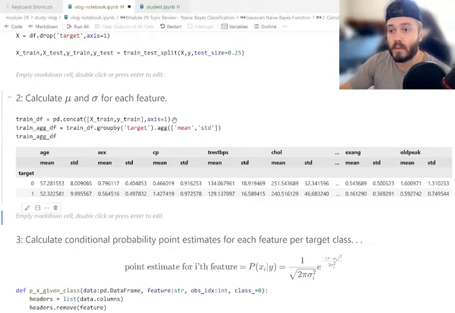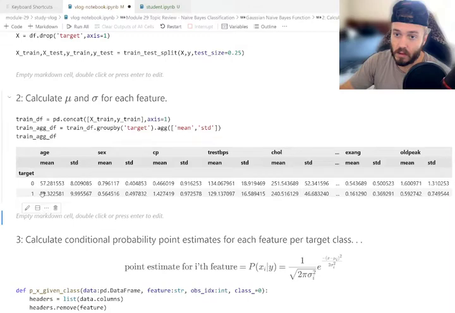So for naive Bayes, it's easier if you have your target and your predictors all in the same data frame. So we're putting all of them back together here on this line, and then we're grouping them by their target.